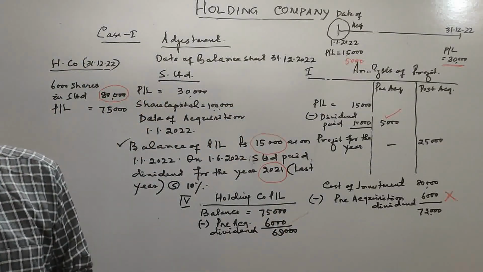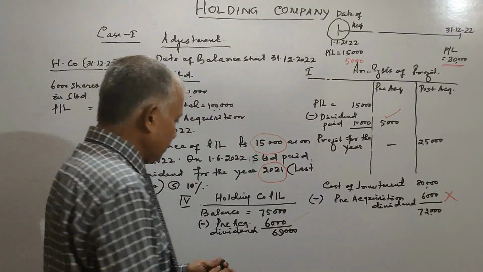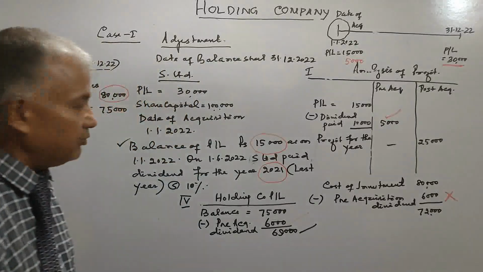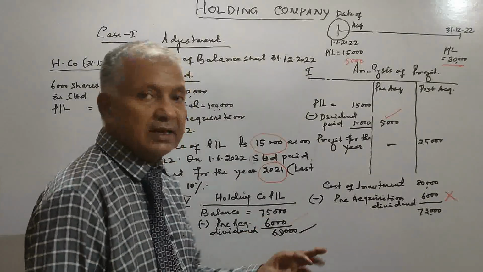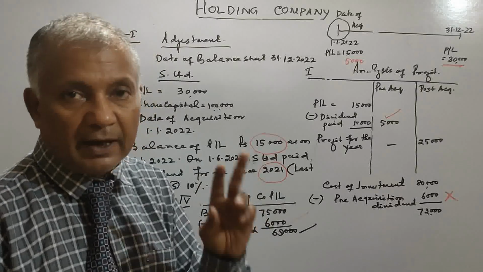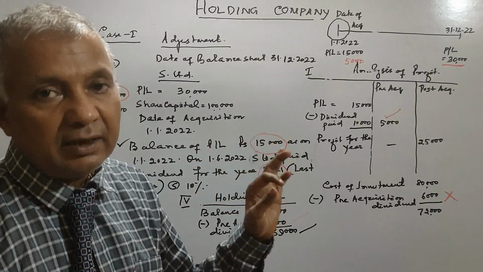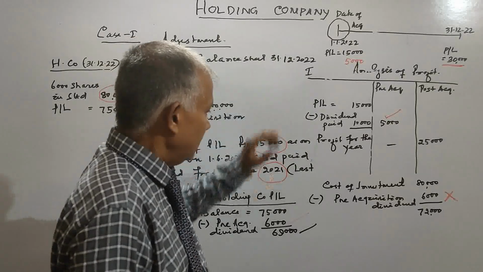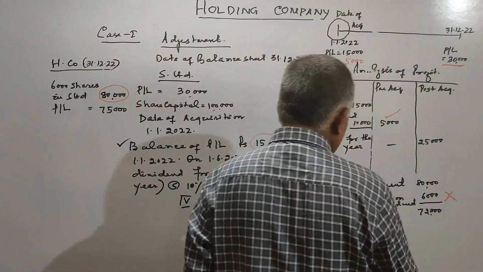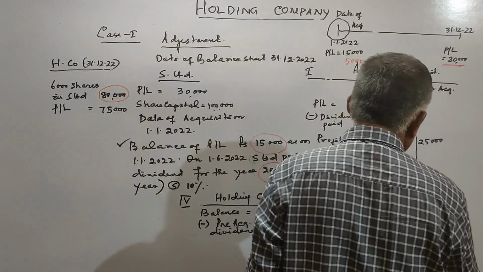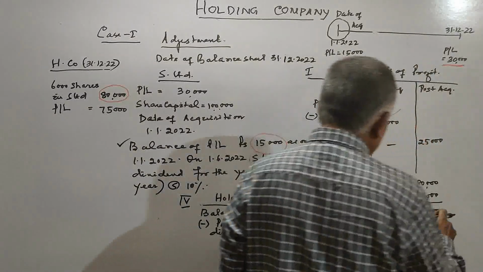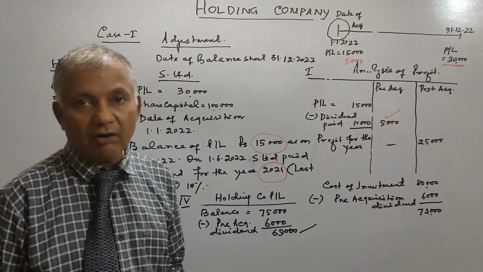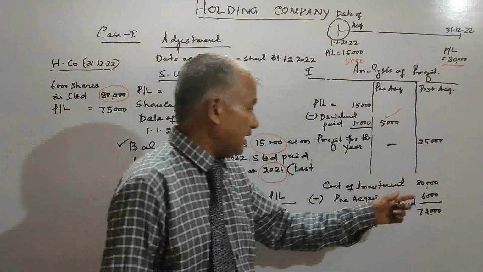It will come to 69,000. Right? This 69,000 will come over here in case the holding company made a mistake in crediting the same. Here also the cost of investment 80,000 is given. We will deduct the pre-acquisition dividend because it has not been deducted from the cost.